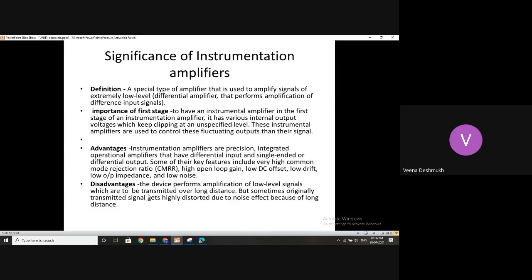So this noise may suppress the original transmitted signal. This is one biggest disadvantage of these instrumentation amplifiers. So what is usually done is, at regular intervals, amplification of the transmitted signal is carried out to overcome this disadvantage.